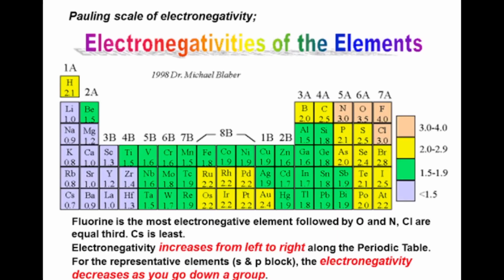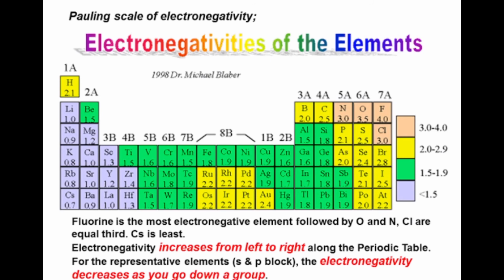Students, it is important to note that Pauling has developed a way in which, if you know the electronegativity values, we are able to easily identify which element has more electronegativity as compared to the other element in a covalently bonded atom. If you look at the Pauling scale, the value of fluorine is highest, so fluorine is the most electronegative element, followed by oxygen, and nitrogen and chlorine are equal. They are at the third position, and cesium is least.